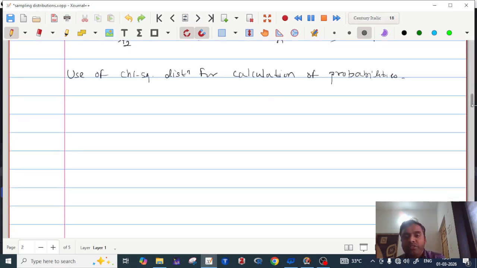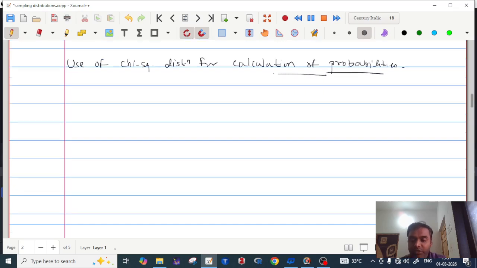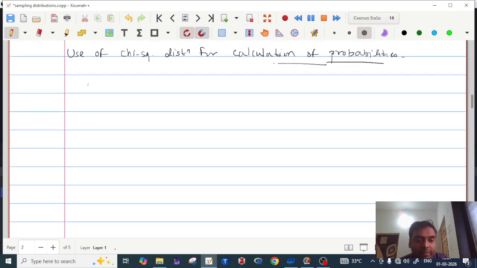So the chi-square distribution is positively skewed, so its graph, if you observe, looks like this.